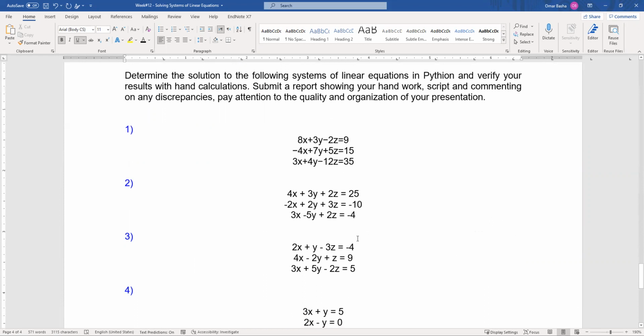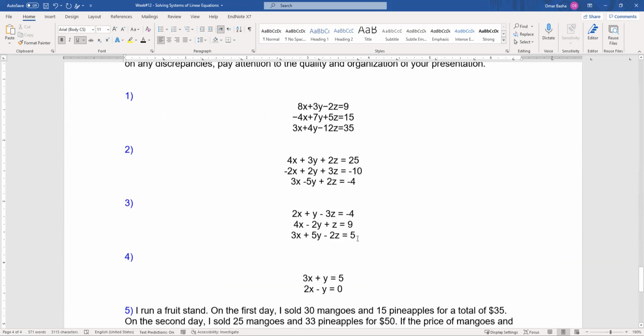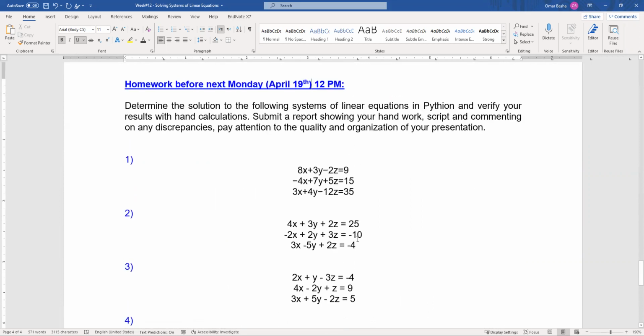You have 5 problems here, solve them all using Python. This is going to be very quick in Python, right? And verify them with hand calculation. Submit a report showing your handwork, script, and commenting on any discrepancies. And please pay attention to the way you organize your report, you organize your results, and the way you present your results. Okay.